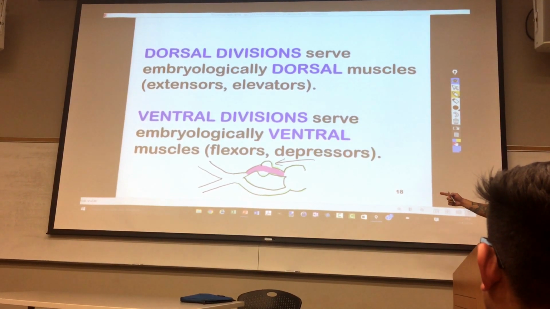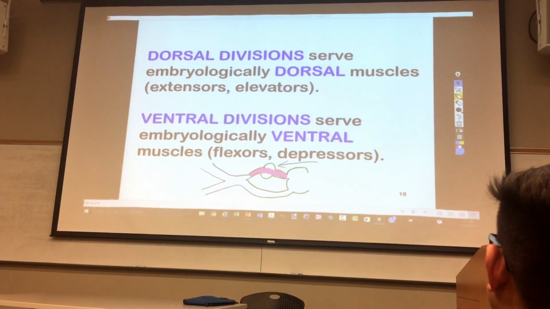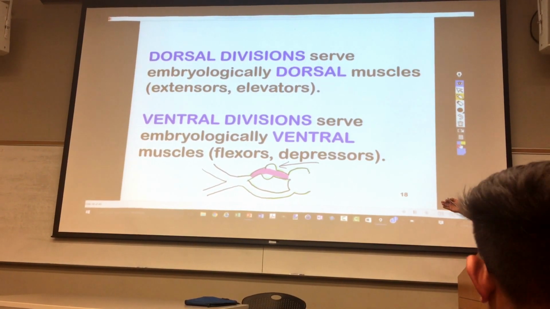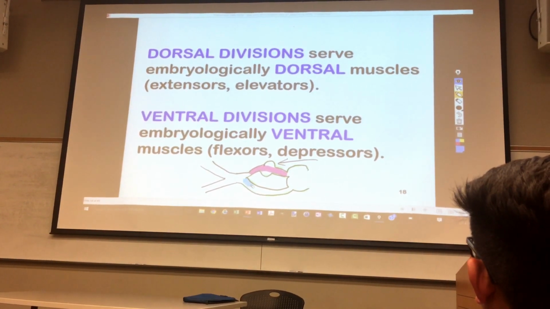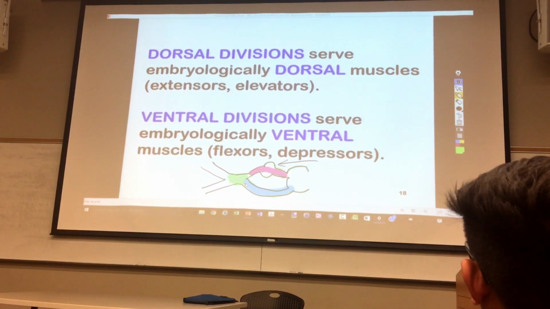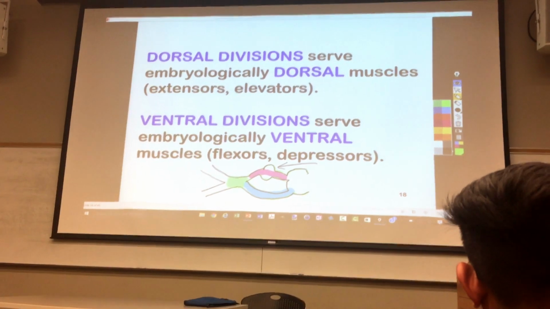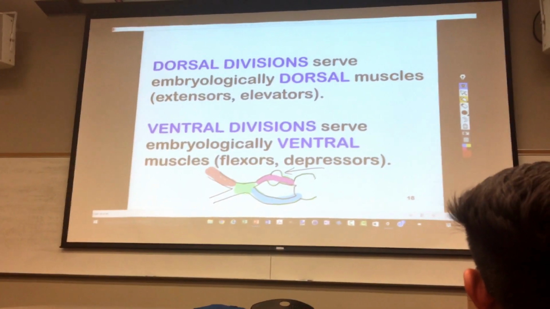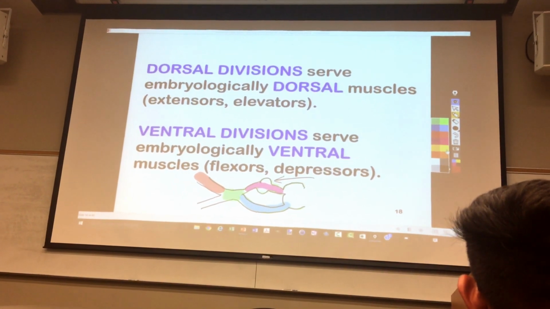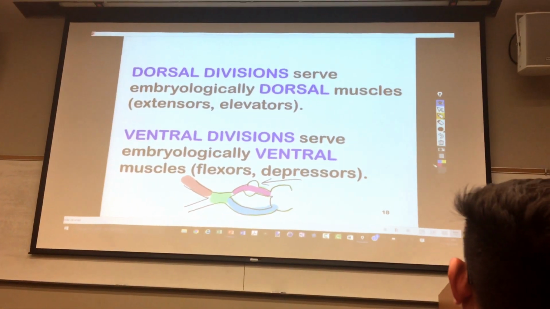If the bump is a dorsal root ganglion, what's it on? Dorsal root. That's a dorsal root. What's this? That's a ventral root. So what's this? Yes, that's a spinal nerve. What is this right here? Dorsal ramus, or dorsal branch.